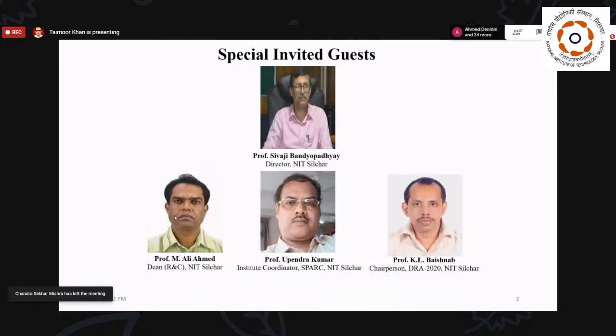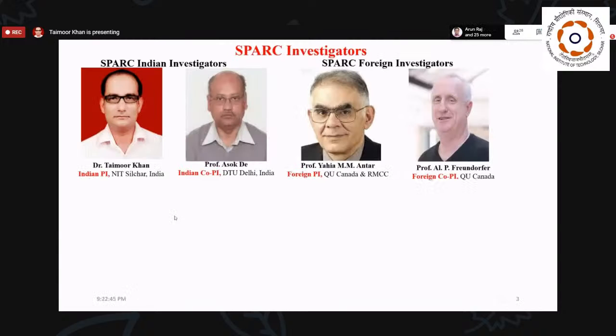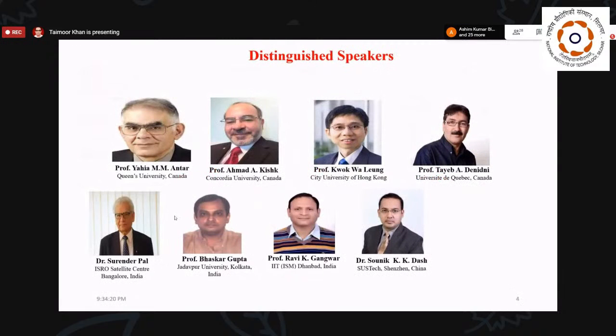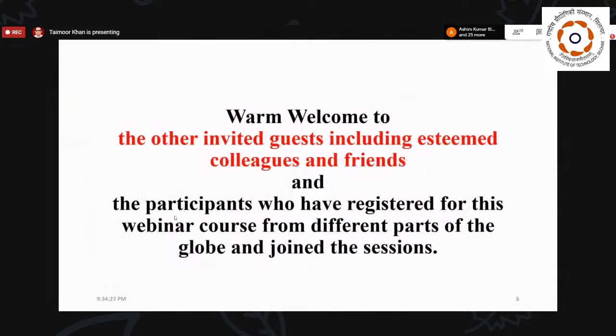Respected Director Professor Shivaji Bandyopadhyay, Dean Research and Consultancy Professor M. Ali Ahmad, Institute Coordinator SPARC Professor Upendra Kumar, Head of the Electronics and Communication Engineering Department Professor K.L. Vaishnav, entire team of the SPARC project, all invited distinguished speakers, organizing team of DRA 2020, esteemed colleagues, friends, and dear participants, good evening, good morning, and good afternoon to one and all.